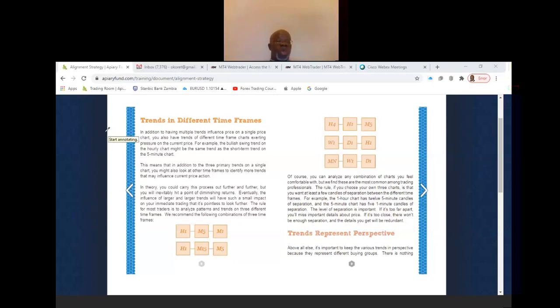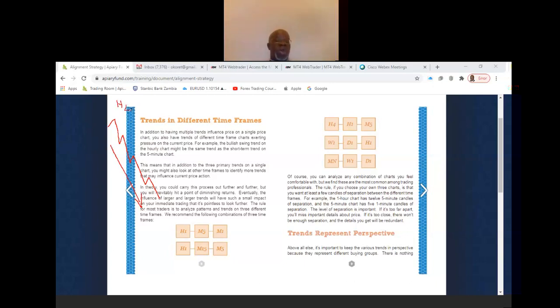Okay, so if this is the 4 hour, the market will be something like this, going down like that. So clearly it's on a sell down. So this is H4 or daily or weekly, it doesn't matter.